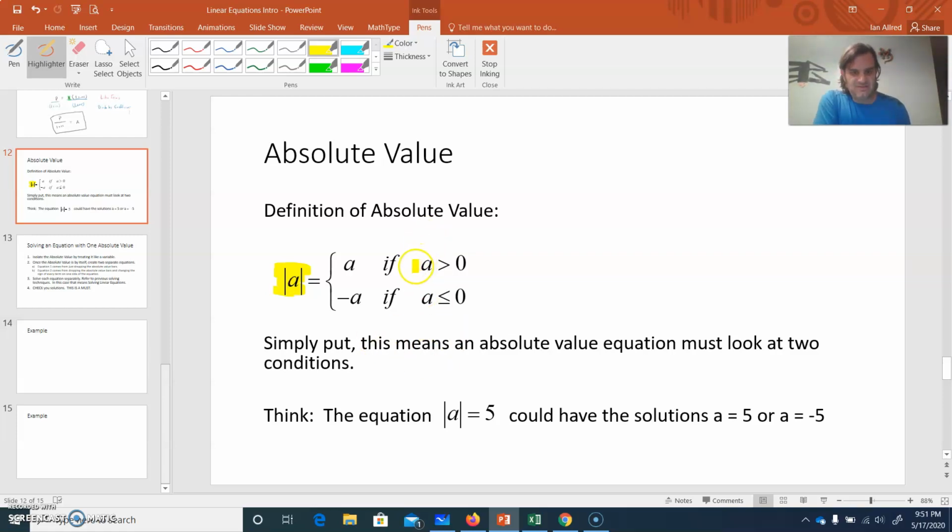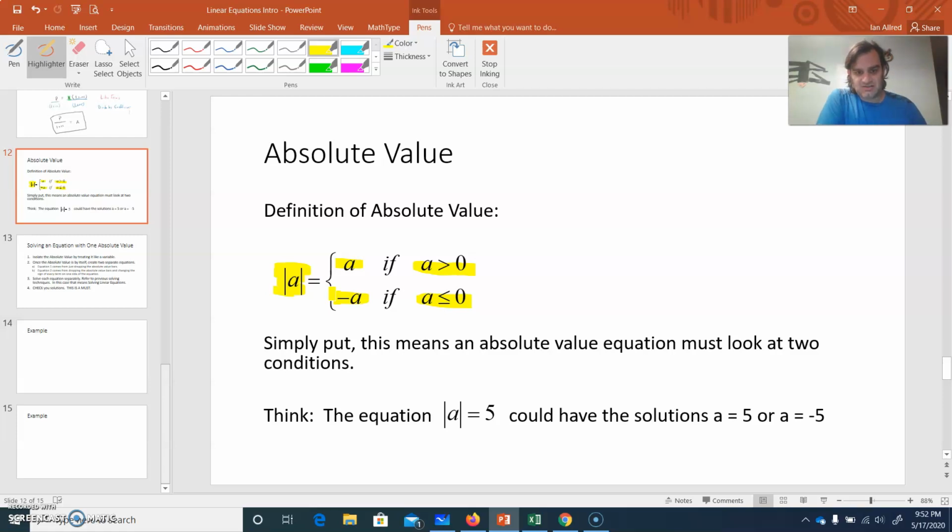That would be that if what's inside the absolute value is positive, then it just stays what it is. Okay. If it's negative, then you make it positive. But if A is negative, the way you make that positive is to change the sign. So we have to look at, if we have an expression, both of these possibilities.